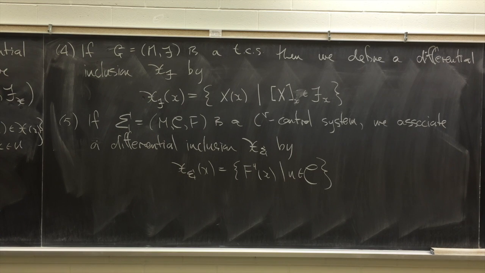So this is the analog of when I have a control system as a triple, right? An M, a C, and an F, there's no trajectories there, but that's my system, right? That's the basic data that defines the system. For a tautological control system, for which we're going to have trajectories and all the stuff that you can do with control theory, that's what the system part of that definition is. So it's analogous to a control system for tautological control theory, right? It's the basic data that you start with.